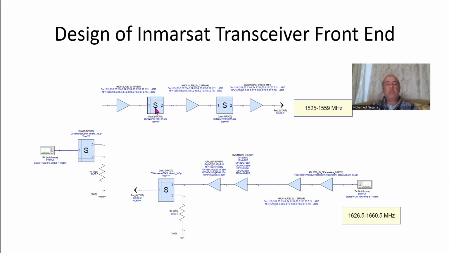These two receive filters are from a company called CTS, which specializes in making ceramic filters. These filters are manufactured by at least 10 other companies as well, so you could go to any of those. But I just happen to have the S parameters for these filters, and I picked these.